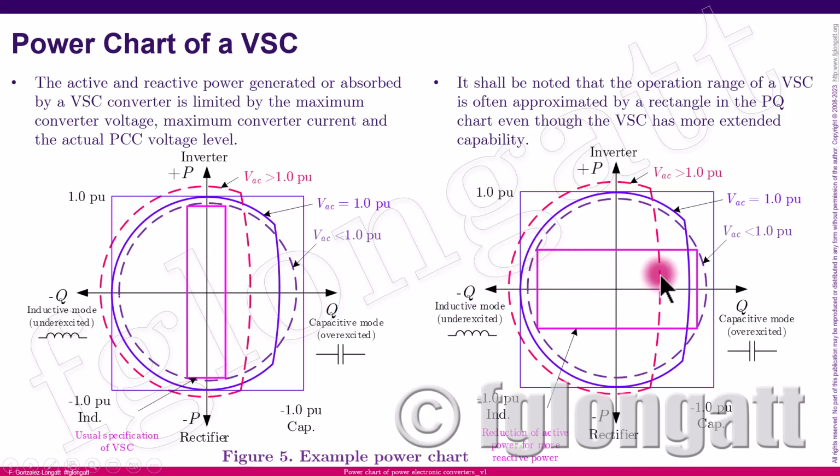However, some more recent applications of the voltage source converter are changing the paradigm. In these applications, we can maximize the reactive power production, but you must recognize that by maximizing the reactive power production, you are reducing the capacity of delivering active power.